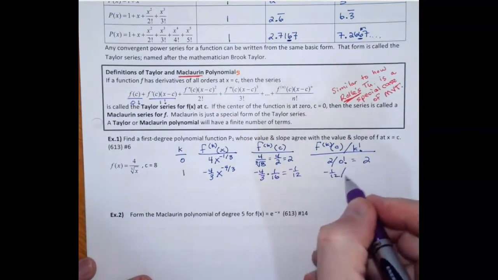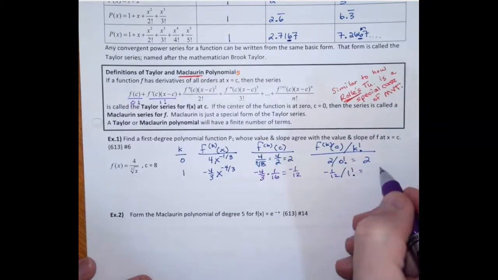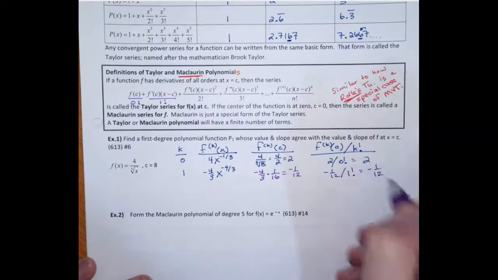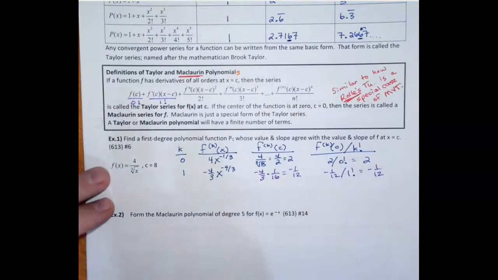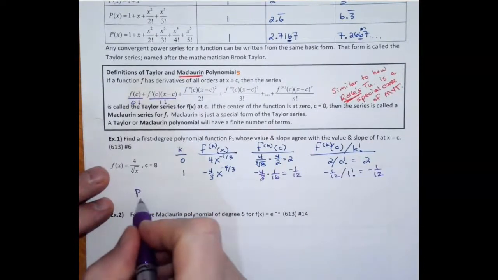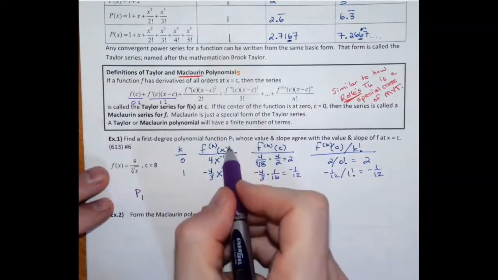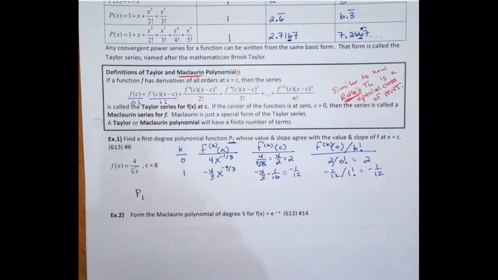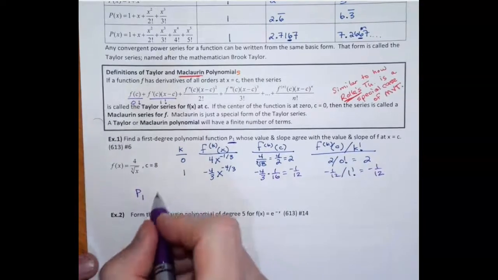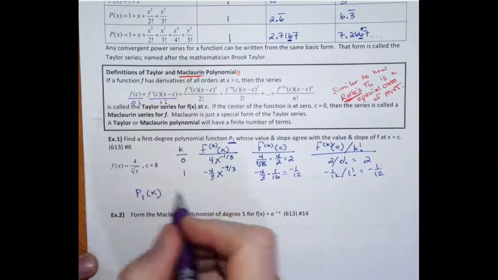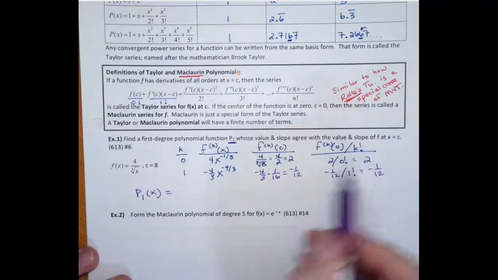And then here we have negative 1/12 divided by 1 factorial, which is still going to be negative 1/12. Okay? And it said find P1, so that's what we're doing here. So the first Taylor polynomial.